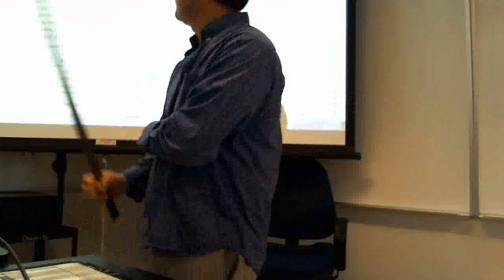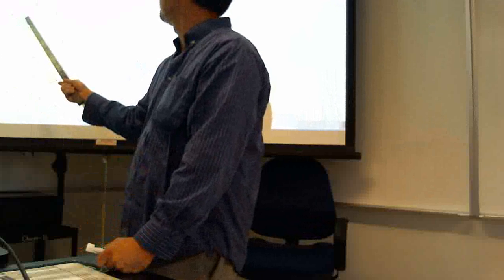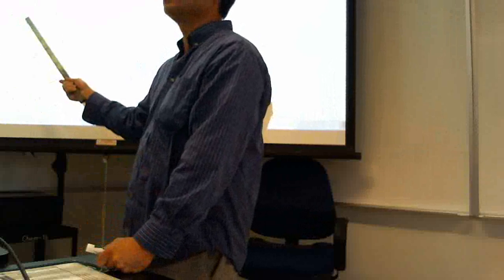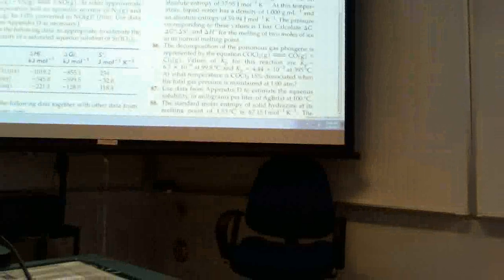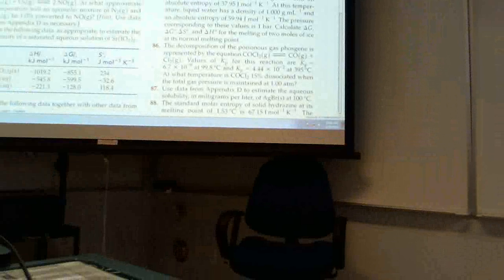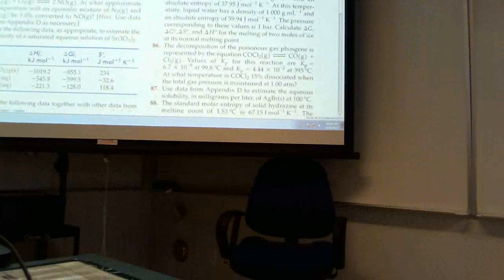Remember this problem, number 77? Yeah. We wanted 1% reaction, equal molar. And so it wasn't 0.1. This would be more like what percent reaction? This would be like 10% reaction.